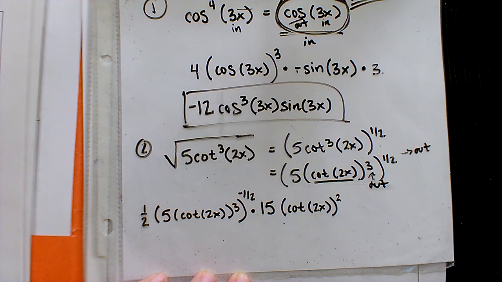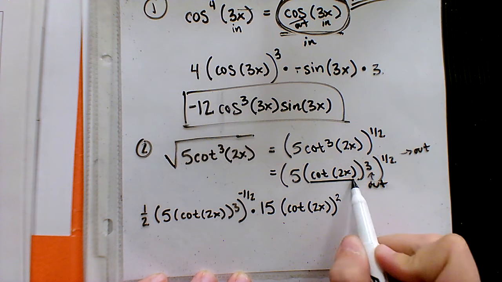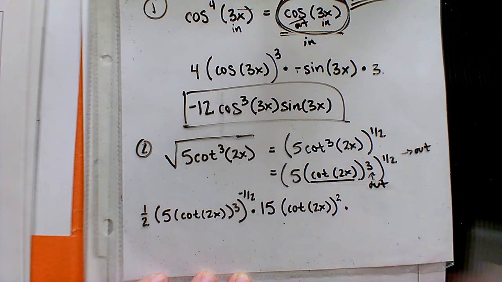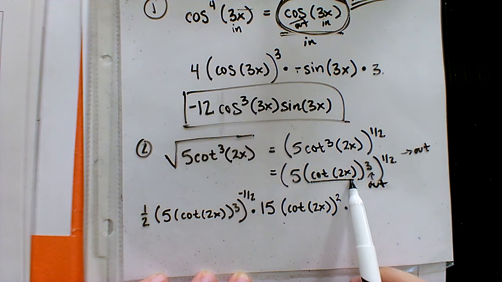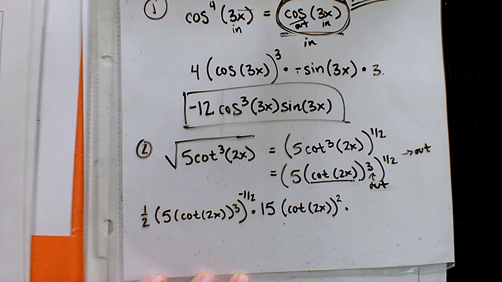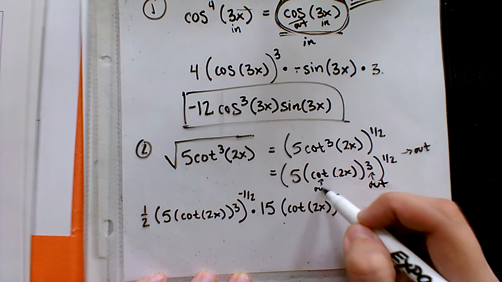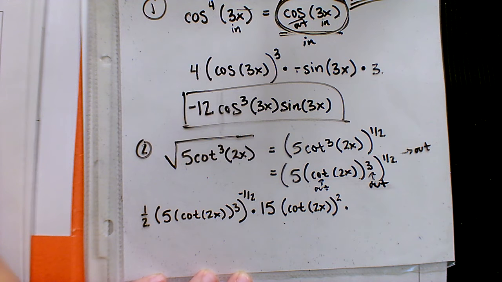But we have to finish off the chain rule. We have to multiply by the derivative of the inside. So if this is the inside, how are we going to find the derivative of this stuff? Do we see another inside-outside part? What's the outside? Cotangent. What's the derivative of cotangent?